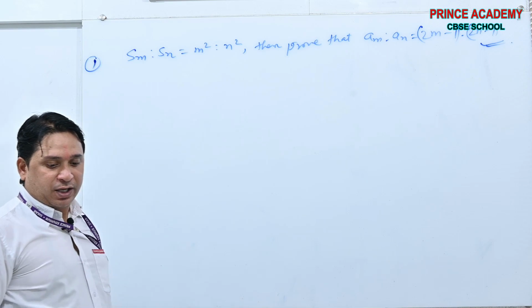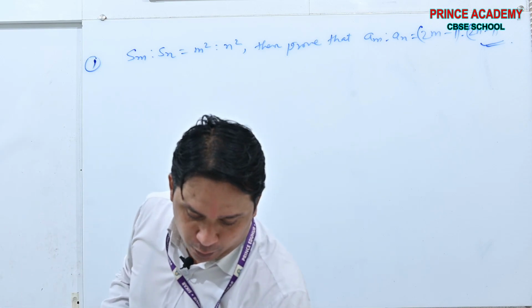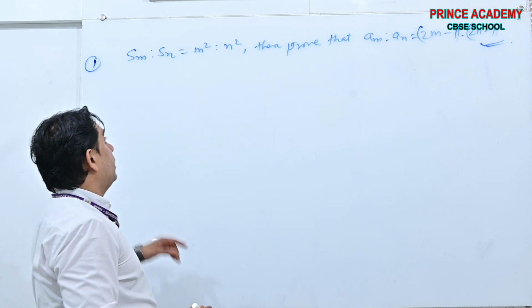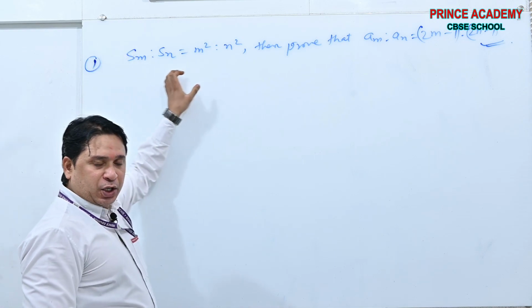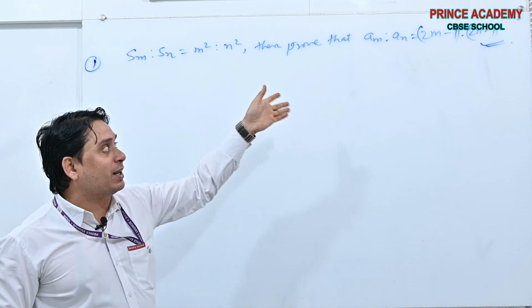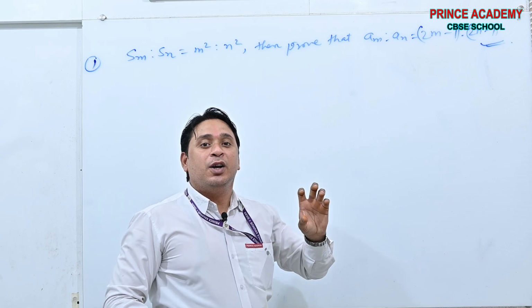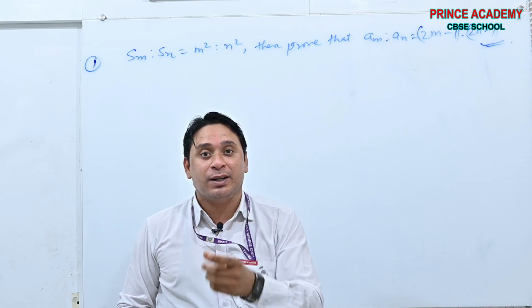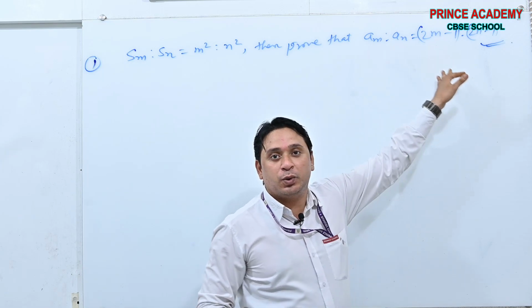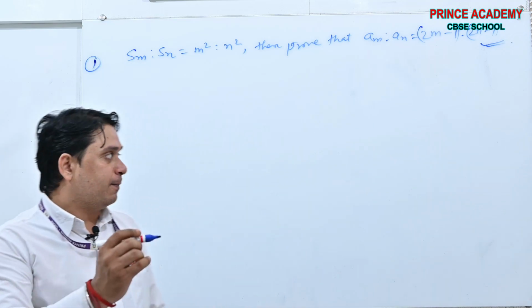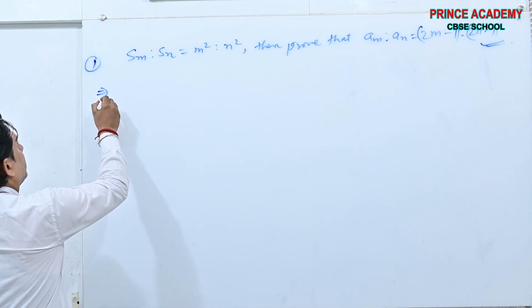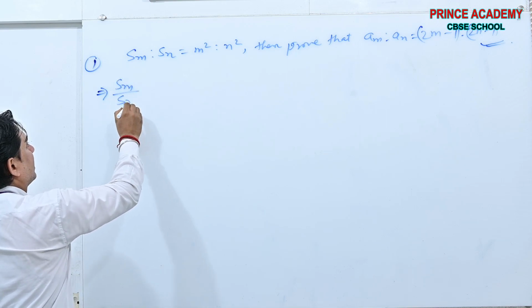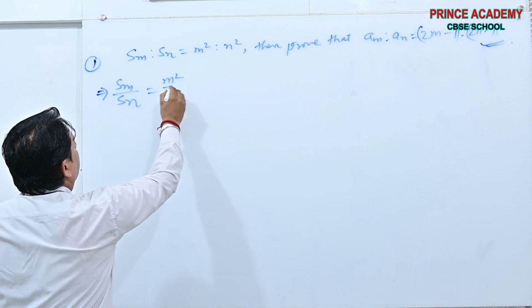Okay, now everyone see. What we have to do, we have to consider the given condition, and then we will slowly find a situation which will make this ratio this. See, here Sm by Sn is m square by n square.